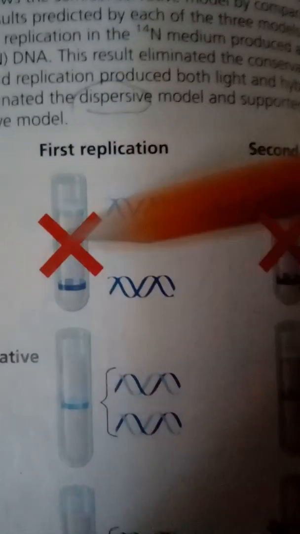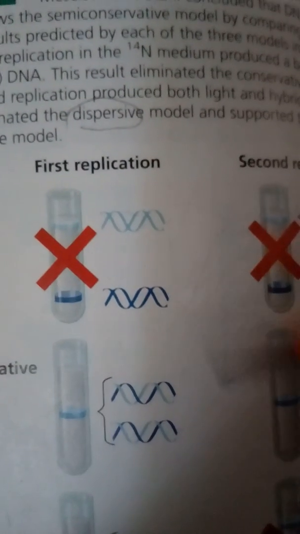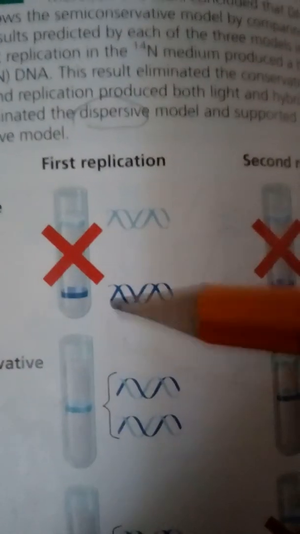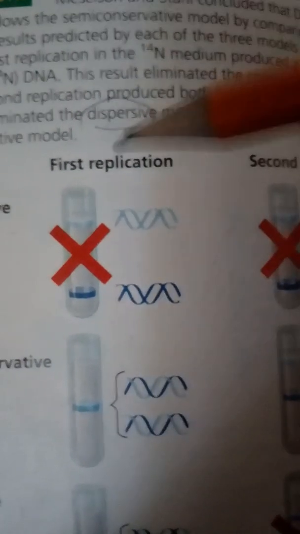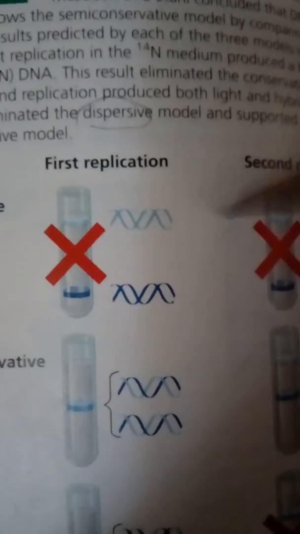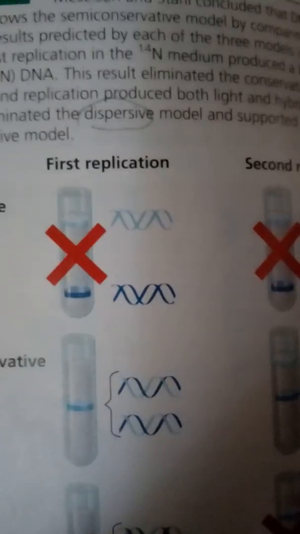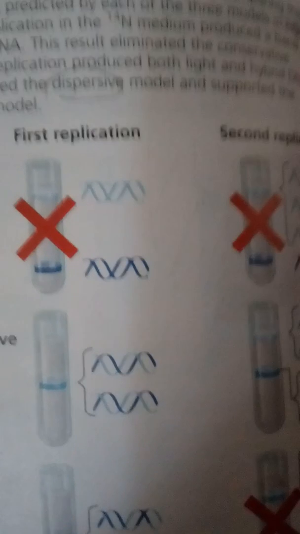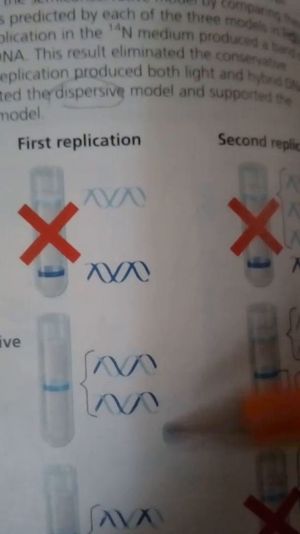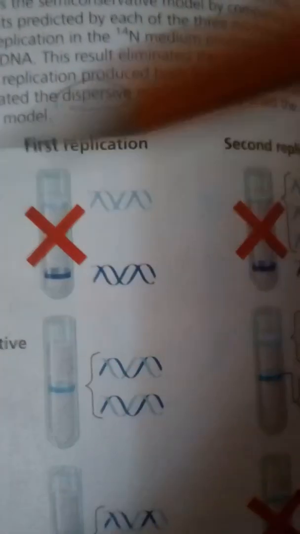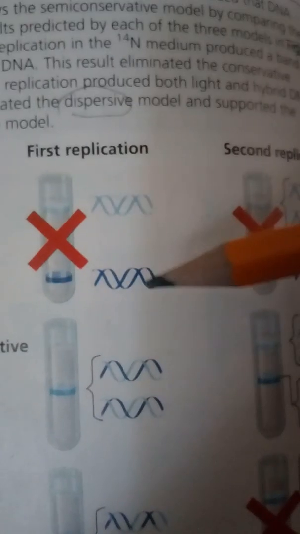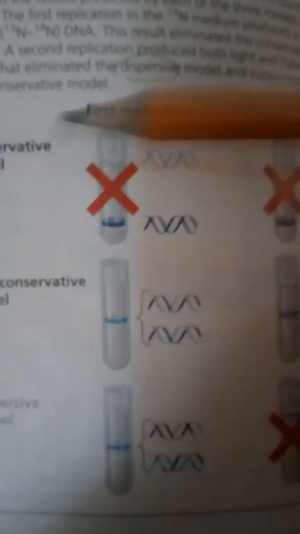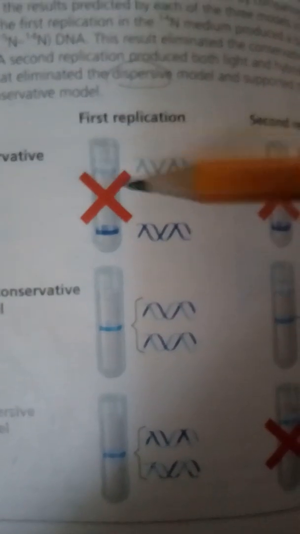The first replication in the N-14 medium produced a band of hybrid N-15/N-14 DNA. This result eliminated the conservative model. A second replication produced both light and hybrid DNA, a result that eliminated the dispersive model and supported the semi-conservative model.